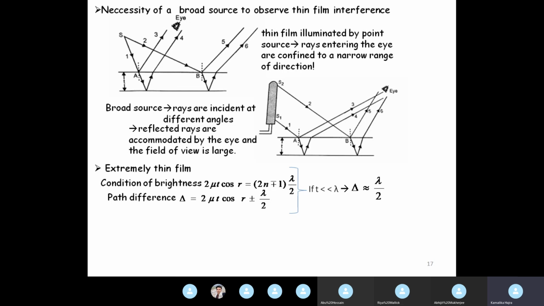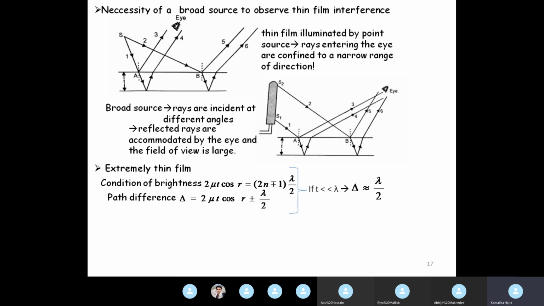Yes, that happens. There is a completely different branch of physics called thin films and surface phenomena, where people deal with films which are of the order of nanometers, less than the wavelength of visible light.